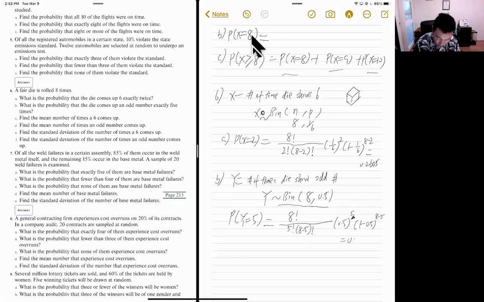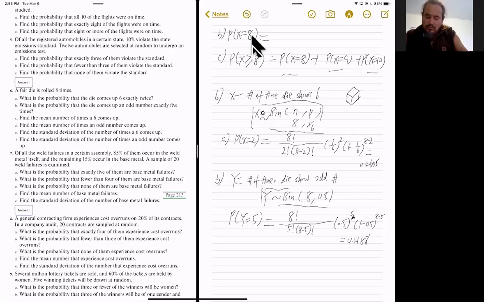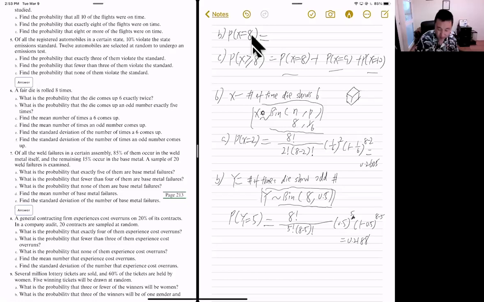So that is 0.2188. All right. So A and B have different distributions. This is A, and this is B for odd number.